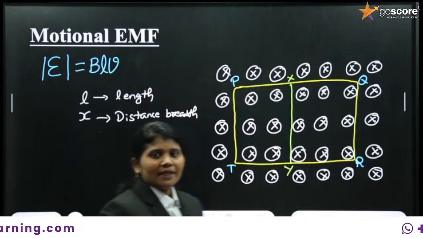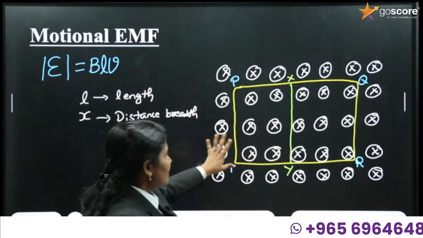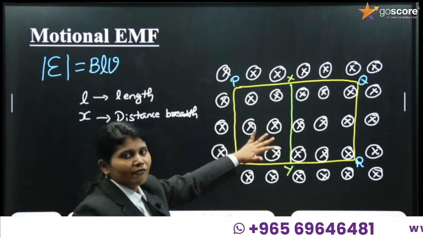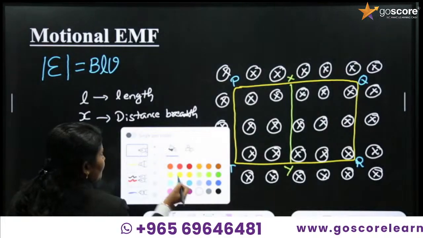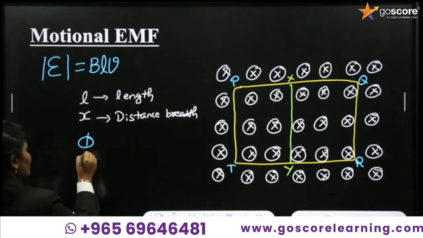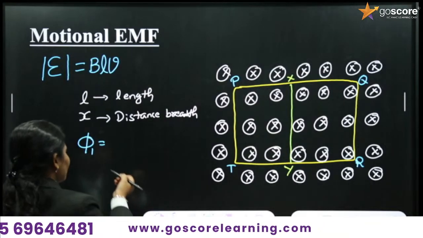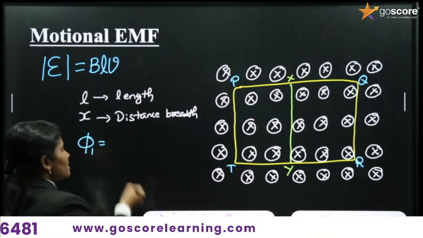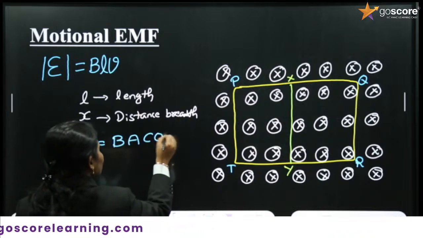Then I am taking flux phi in this area. In this position, what is the flux? I am indicating that flux as phi 1. Generally, what is the formula, guys? B A cos theta.